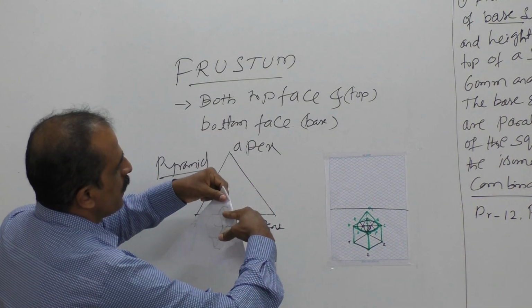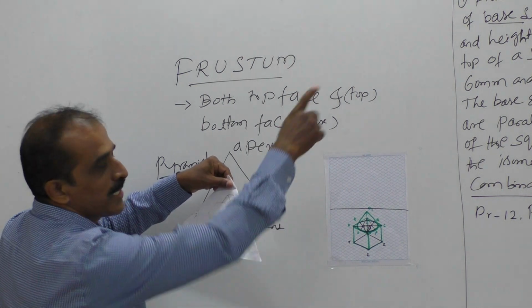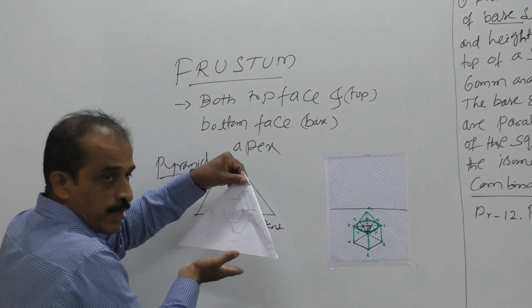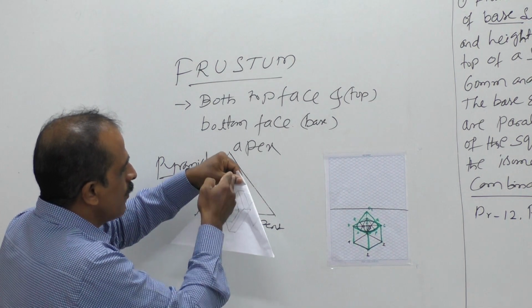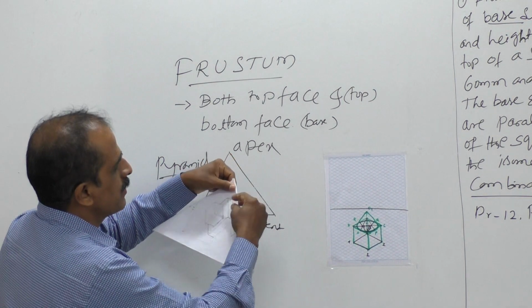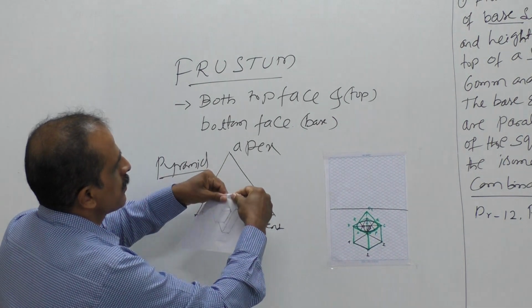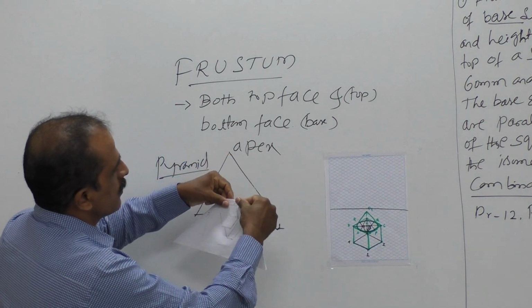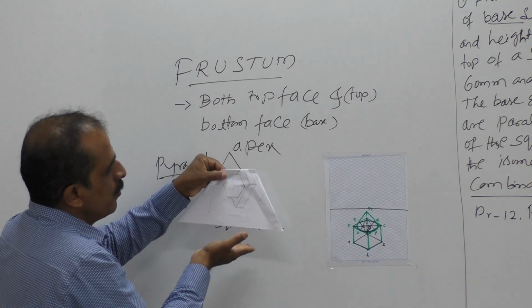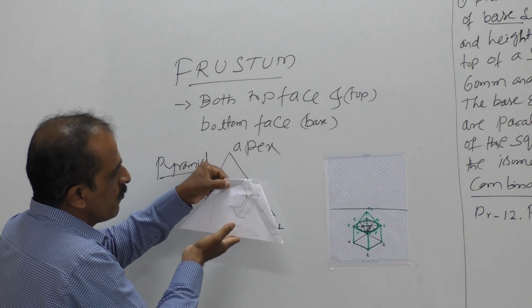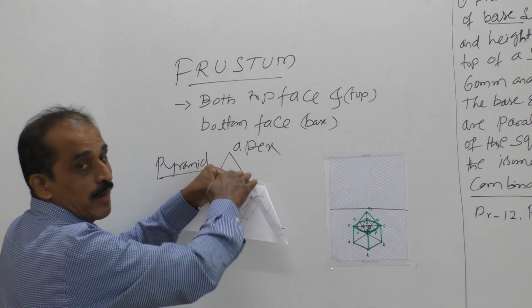That means if you cut at some distance, as per the given dimension, from the bottom face, exactly perpendicular to this vertical axis, then this is the top face and that is the base face. Now both the top and bottom faces are equal.